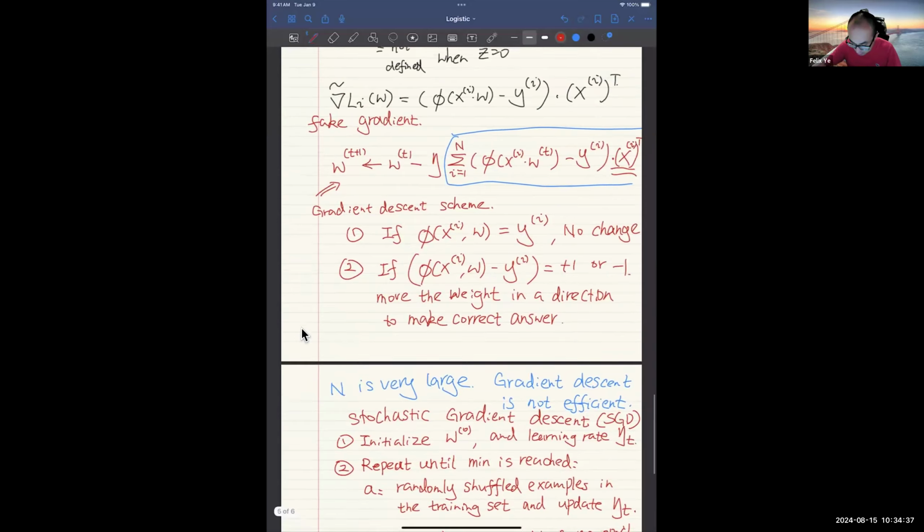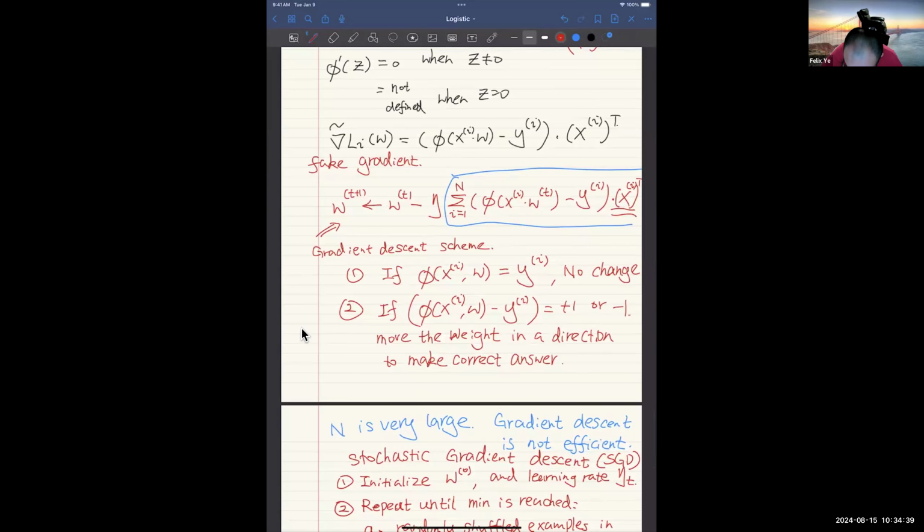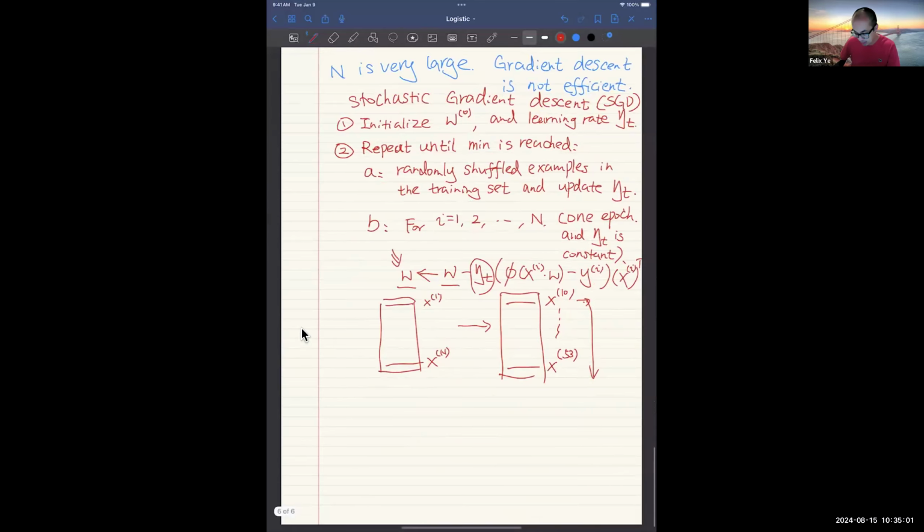So right here, we are using full batch gradient descent. Here we need to find the gradient for all n of them such that we can make a movement. In this case, we only need to calculate one data point's gradient, then we can update our W's. So that's why everything will be much, much faster.